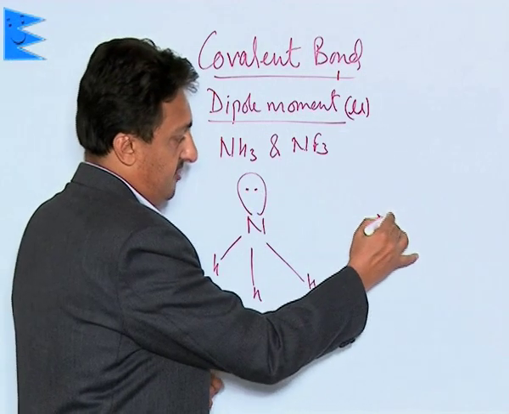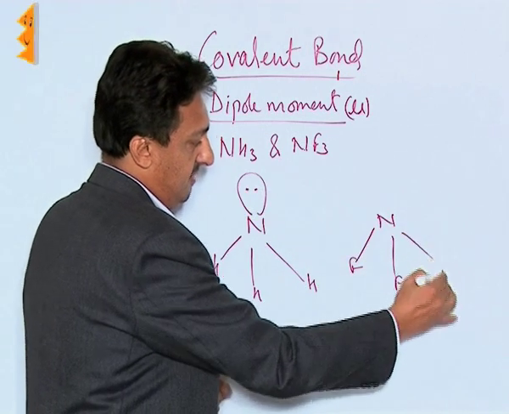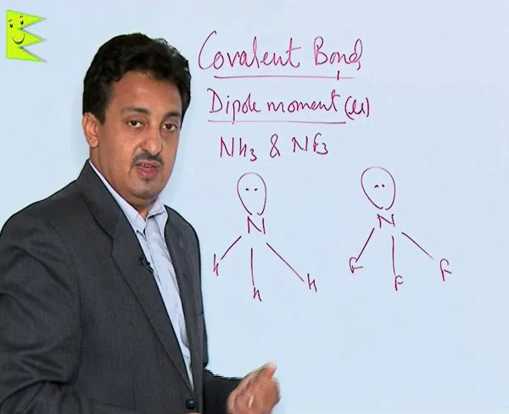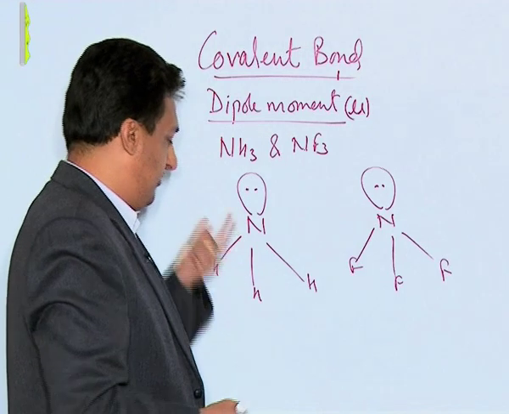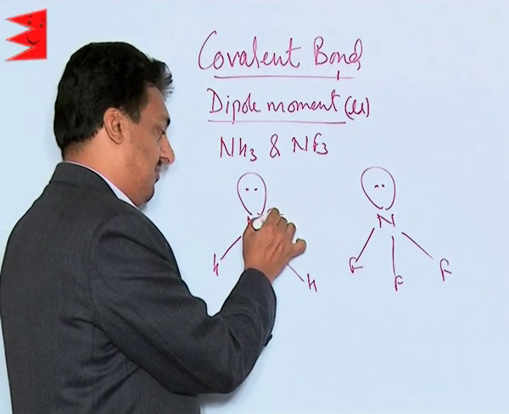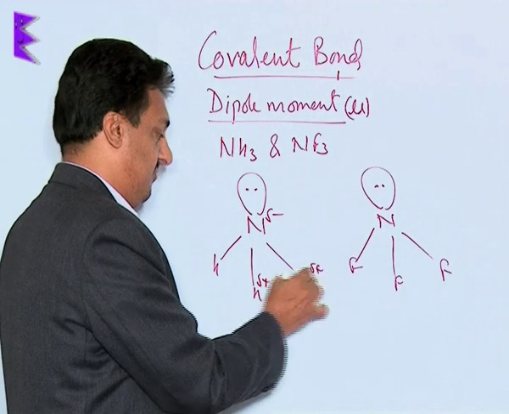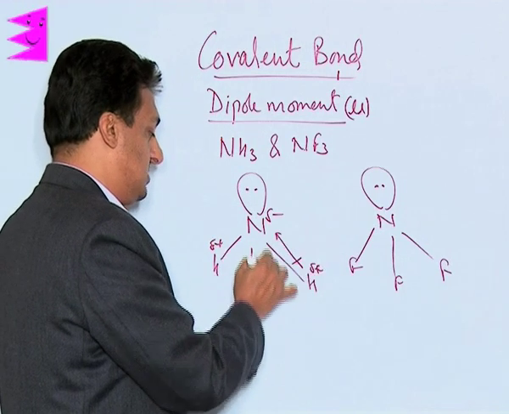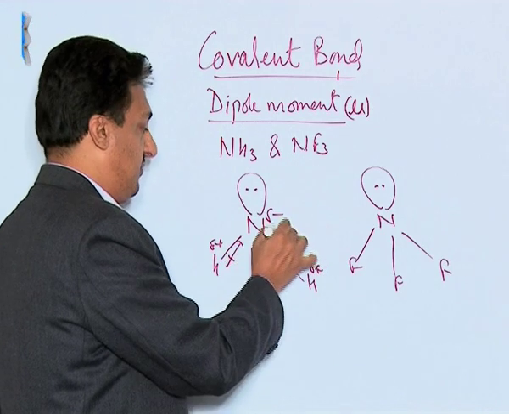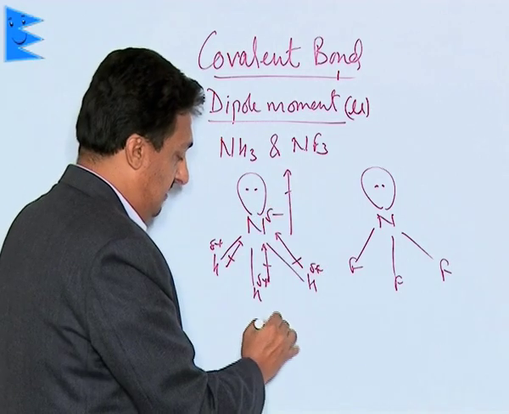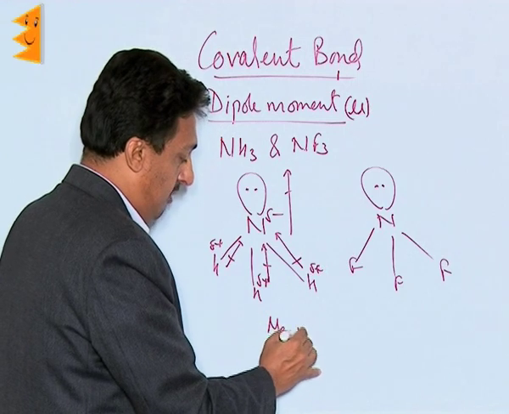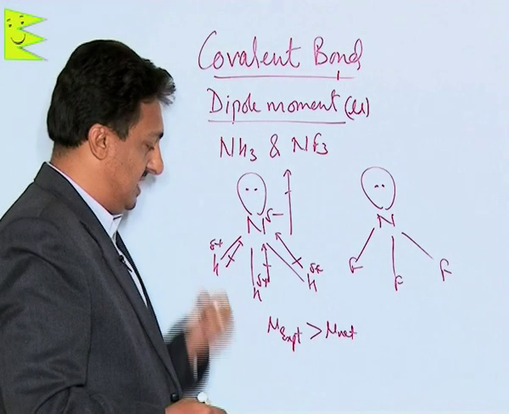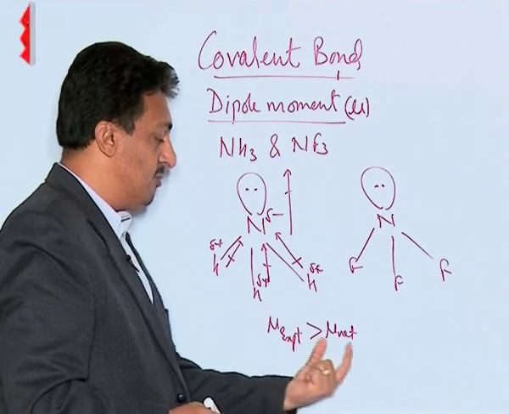In nitrogen trifluoride, again the geometry is the same, but in place of hydrogens we have 3 fluorines. Out of nitrogen and hydrogen, nitrogen is more electronegative and hydrogens acquire a partial positive charge. So the dipole moments of all these bonds are towards nitrogen, and the experimental dipole moment is found to be more than the net dipole moment.